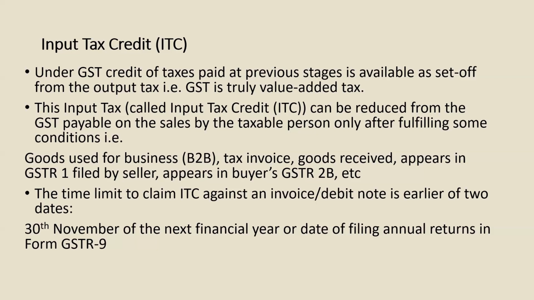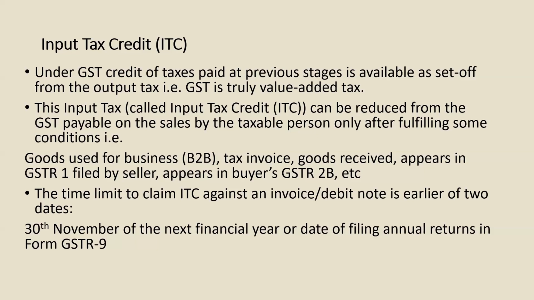We will see what GSTR1, 2B and 3B are, just to understand the structure. But please understand the structure I'm saying. I've raised these invoices, but somewhere it will get reflected. Somewhere I will have to report it, through the returns that I will have to file. But there has to be a bona fide transaction, and that transaction has to get reflected on the GSTN. Then only I will be able to get this credit.